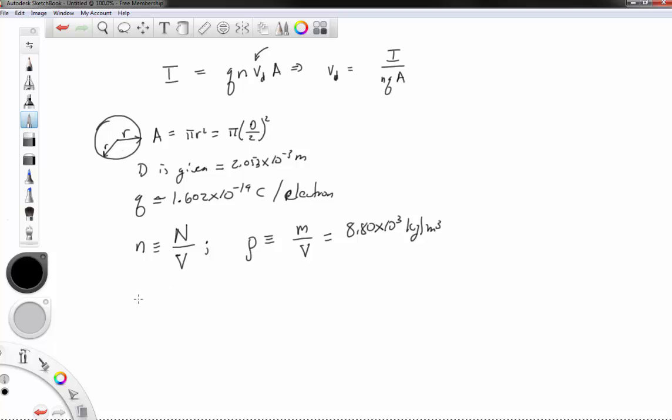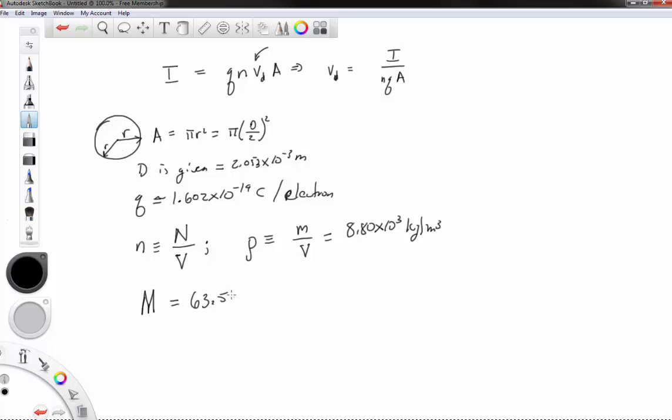And the answer is that in 1 mole, there are 63.54 grams. So this is the molar mass. I like to use big M to represent that.